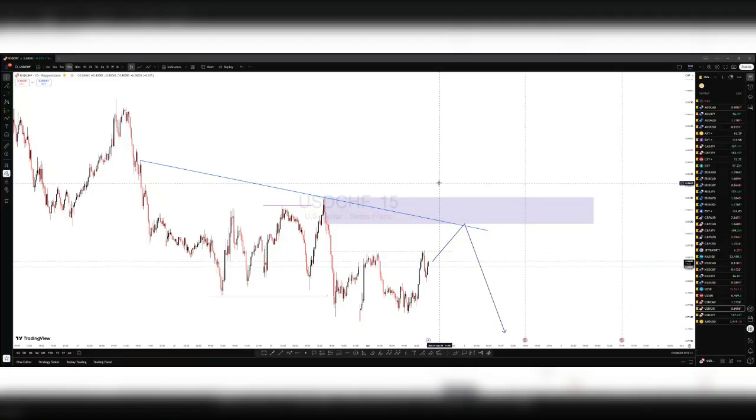If it creates a gap, it simply tells us that there was so much volatility from that move that price actually reacted massively.